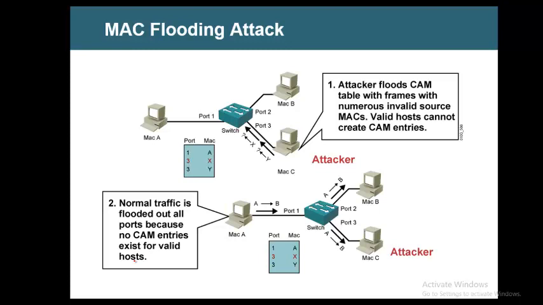Switch listens to the port, learns the MAC address. As a result, switch is called an intelligent device. So if any packet wants to go to a destination, there is no need for a broadcast because you know the destination.